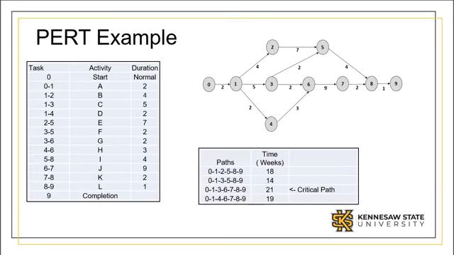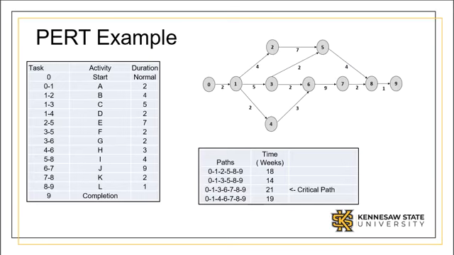Therefore, the earliest time we can start event 5 is along the path 0, 1, 2, 5 at 15 weeks. The other path, 0, 1, 3, 5 at 9 weeks, is completed 6 weeks before event 5 can begin.